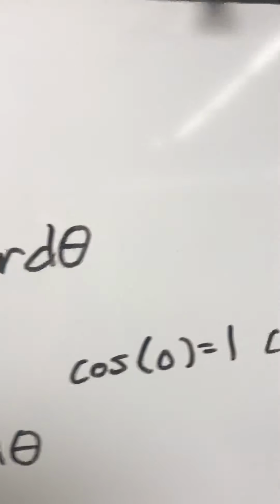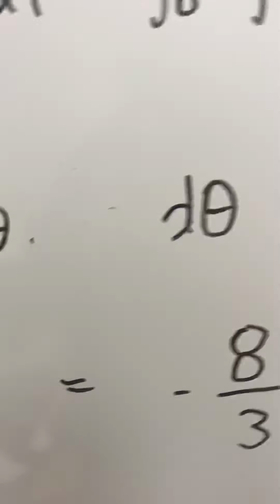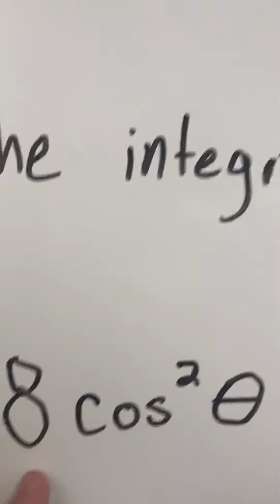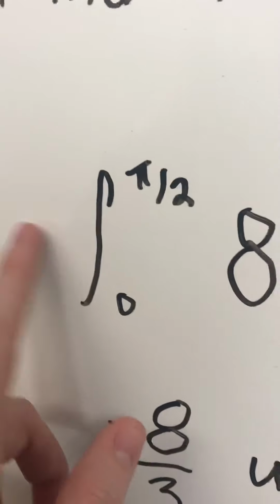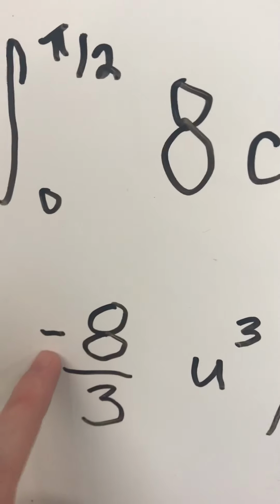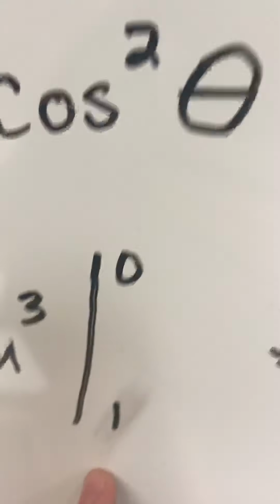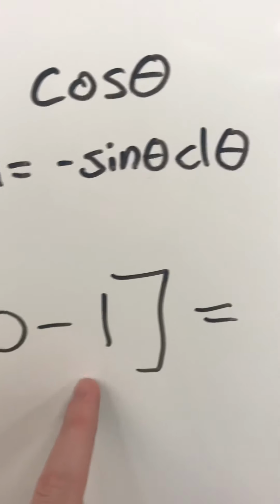And converting our limits of integration, we have that cosine 0 is 1 and cosine pi over 2 is 0. And integrating 8u squared, and this is negative, remember, so negative 8 over 3 times u cubed, evaluated from our new limits of integration, 1 to 0, gives us negative 8 thirds times negative 1 equals 8 thirds.